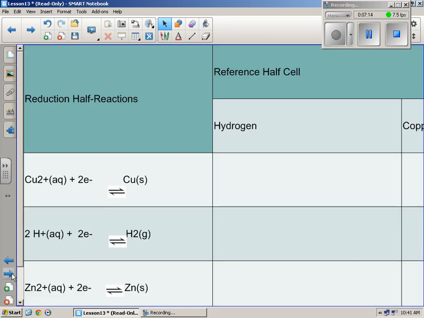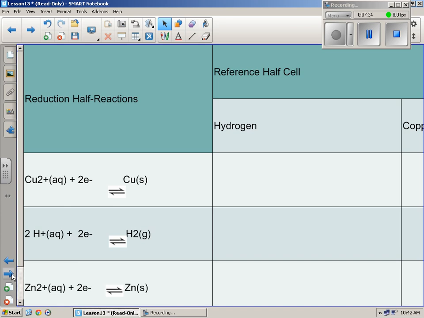Okay? Unfortunately, mine's really big here. But look, across the top you have the reference half cells. So there's copper and zinc over here. Don't worry about those. Let's just focus on this hydrogen one right now. Here's how it works.